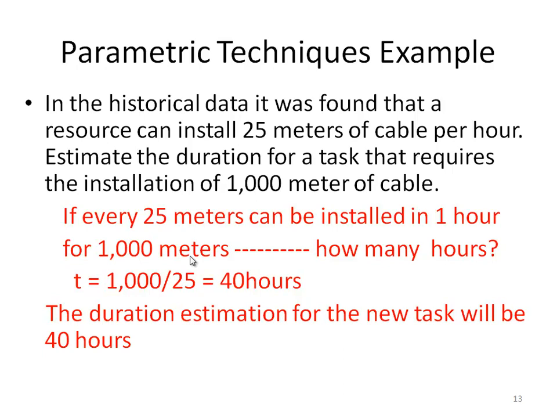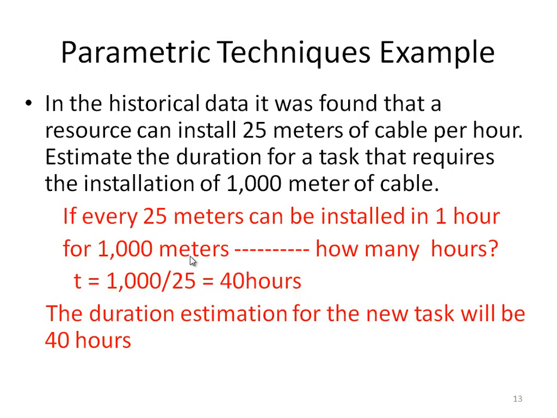To calculate that, we need to look at the historical data. So if every 25 meters can be installed in 1 hour, how many hours do I need to perform to install 1,000 meters?